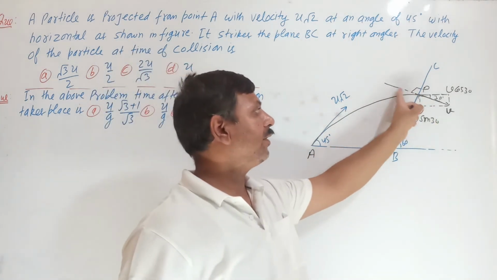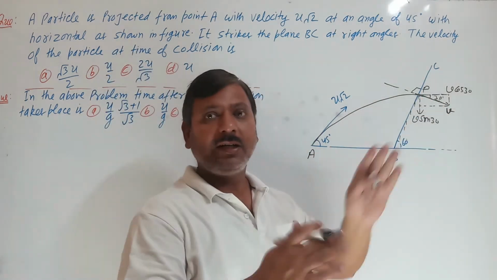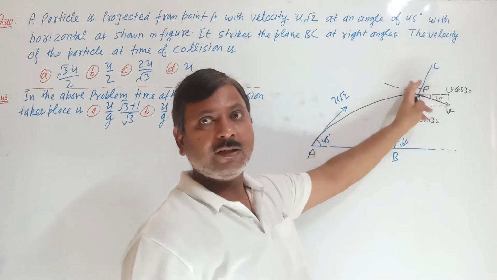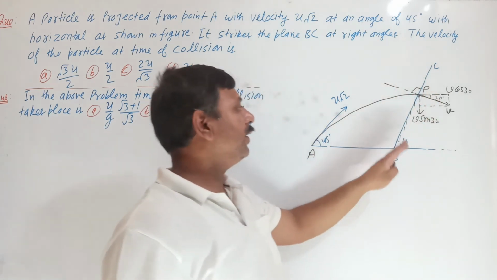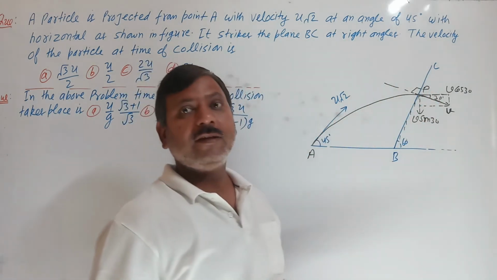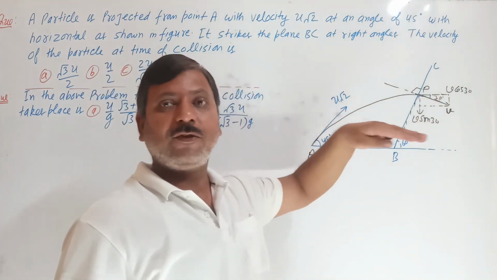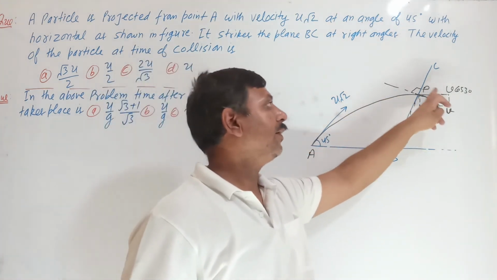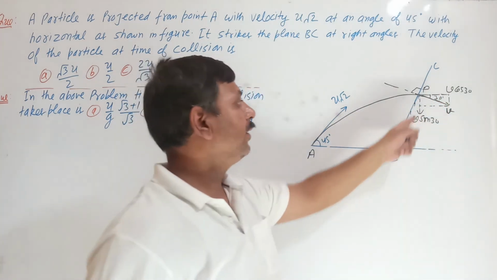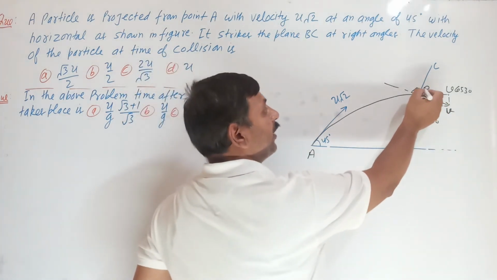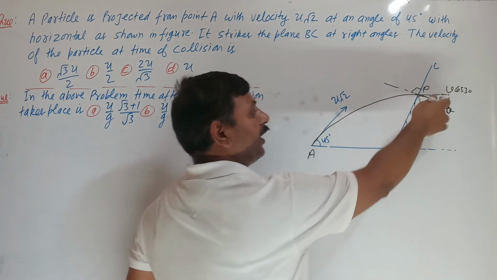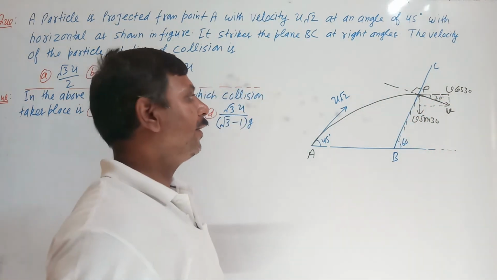So I have made it right angles. The direction of velocity when it collides will be at right angle to this plane BC. So what will be the angle formed by this velocity vector at point P with horizontal? This is 60, total is 90, so 90 minus 60 is 30 degrees.